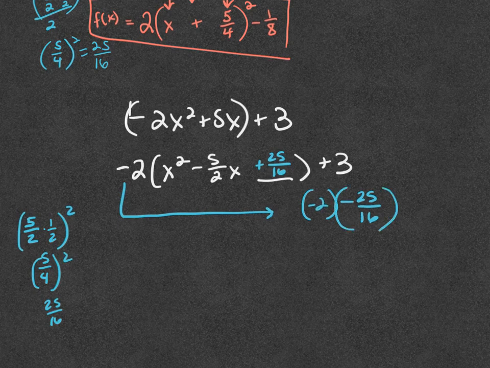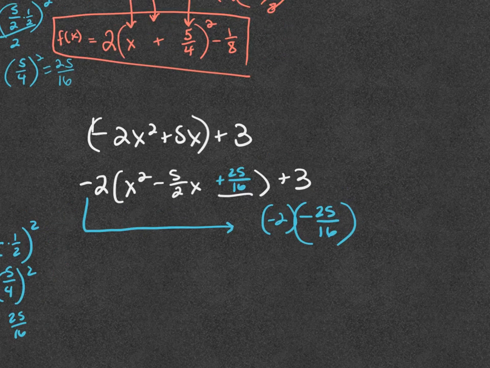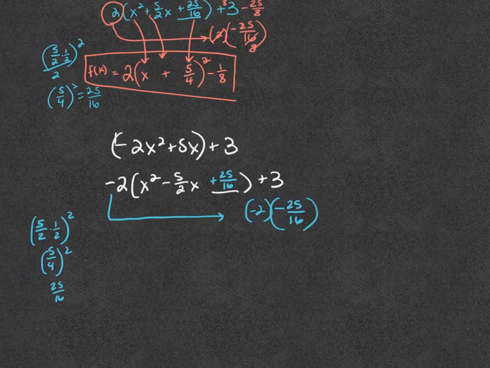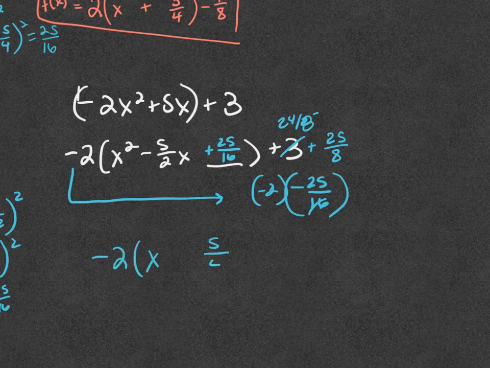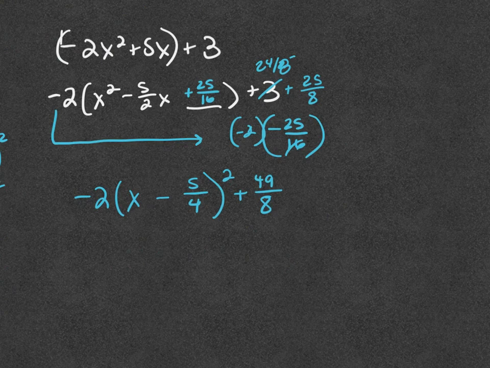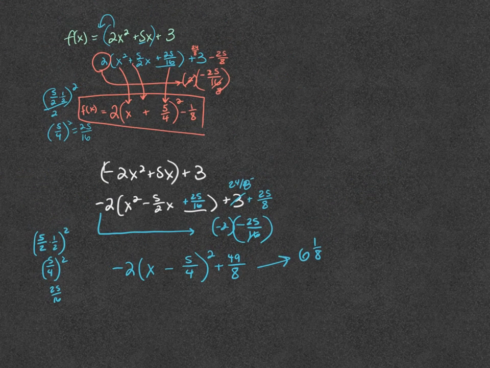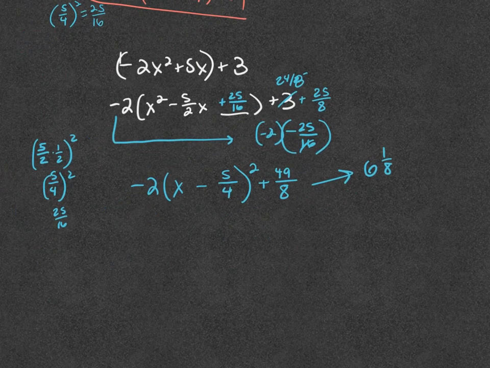So instead of subtracting 25/8, I'm actually going to add 25/8. So 24/8 plus 25/8. Now when I go to graph that, this is 6 1/8. So keep that in mind.